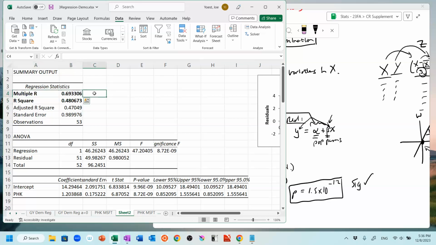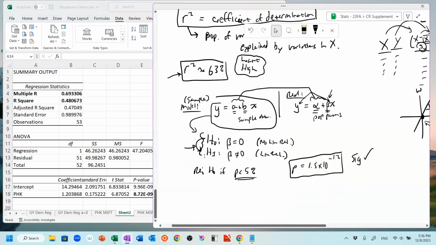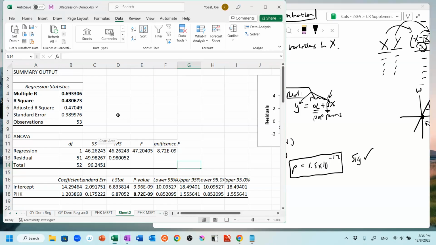My correlation of about 70%. And my p-value for the slope down here, 10 to the minus 9. So about 1 in a billion. Certainly less than 1%. We could quite confidently reject the null in favor of the alternative and conclude there is a linear relationship between the variables. So it's sensible to use a linear model.